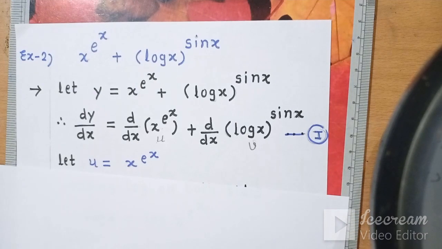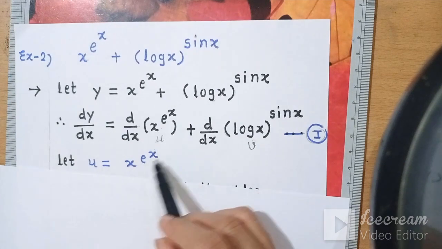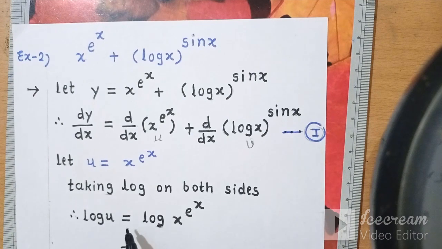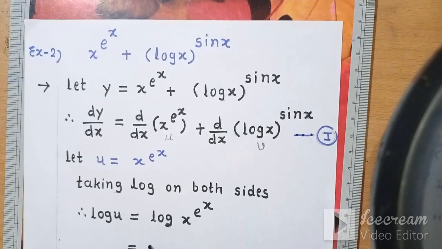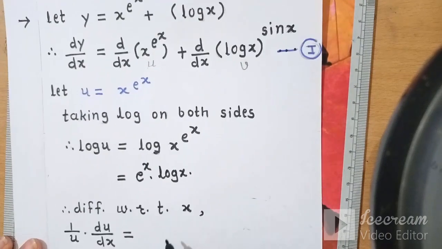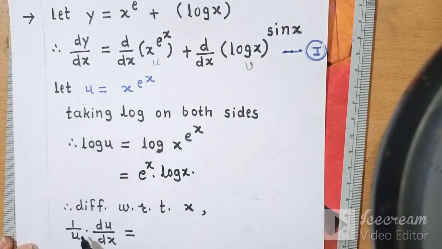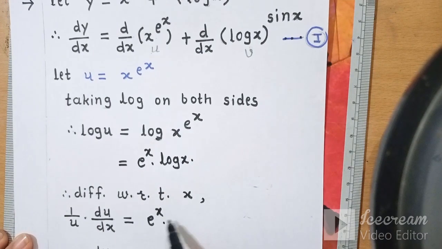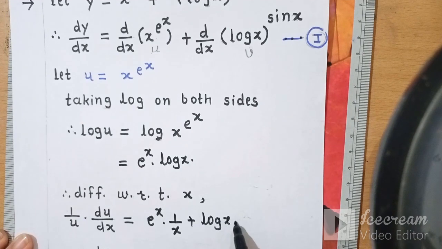So our first step is, let u is equal to x raised to e raised to x. So taking log on both sides, we have log u is equal to log of x raised to e raised to x. Again by the rule, this e raised to x we will write here, and this is log of x. Now differentiating on both sides, we have the derivative of this is 1 upon u du by dx, and here first term as it is, derivative of log x is 1 upon x, second function as it is, and derivative of e raised to x is e raised to x.